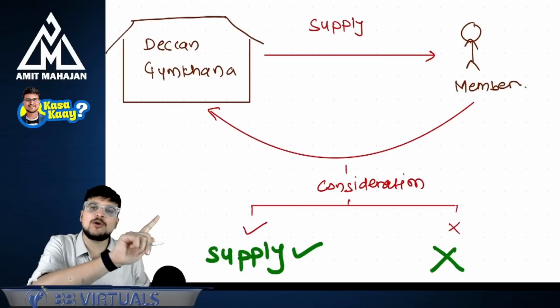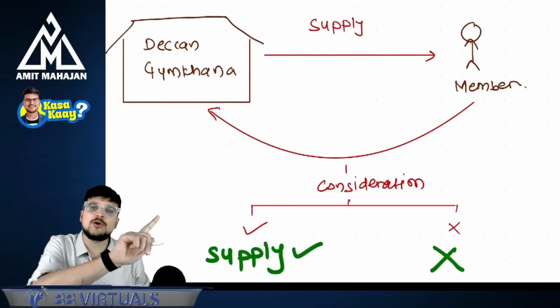Option number one: I can take separate registrations for these two, but I'm not under obligation to take two separate registrations. For one state, I'm required to take only one registration. But if I want to take two separate registrations, I can. See, take one registration and consider one office as the principal place of business and the other as an additional place of business.